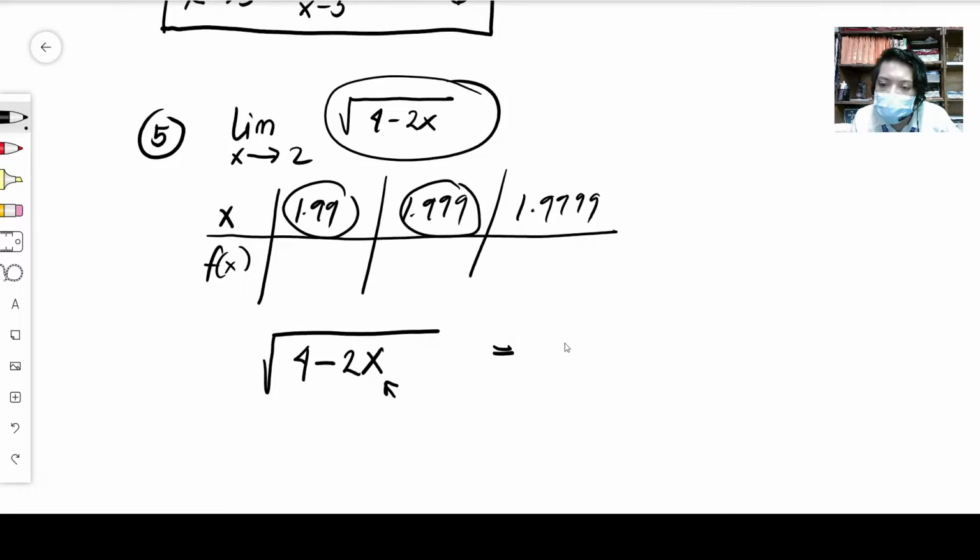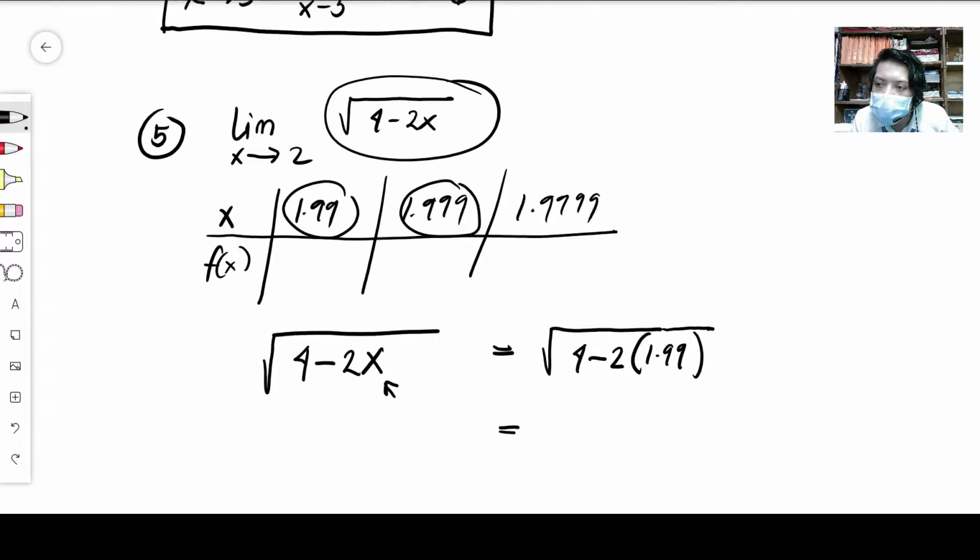For example, if your value is 1.99, this is equal to the square root of 4 minus 2 times 1.99.